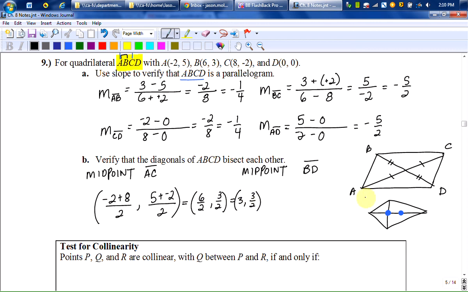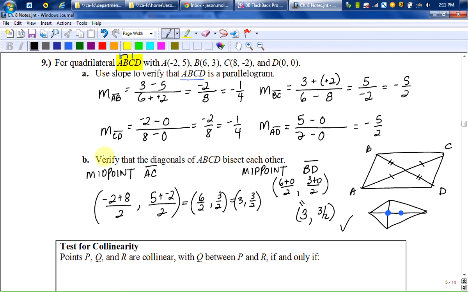And if this doesn't work out, then I know I've done something wrong. BD is actually really easy. 6 plus 0 divided by 2. 3 plus 0 divided by 2. Just put a weird equal sign that's sideways. So 3 comma 3 halves. And this checks out.